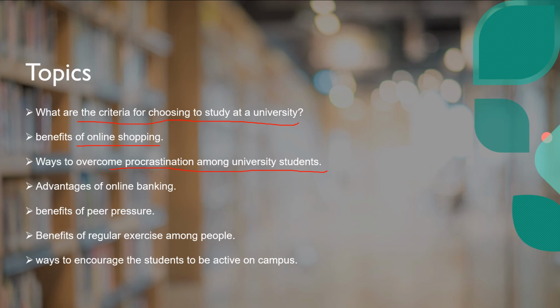The next topic is advantages of online banking. The next topic is benefits of peer pressure. The next topic is benefits of regular exercise among people. And the last topic that you can choose is ways to encourage students to be active on campus. So remember to choose only one topic.